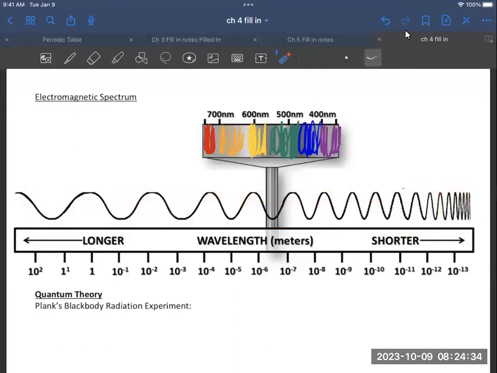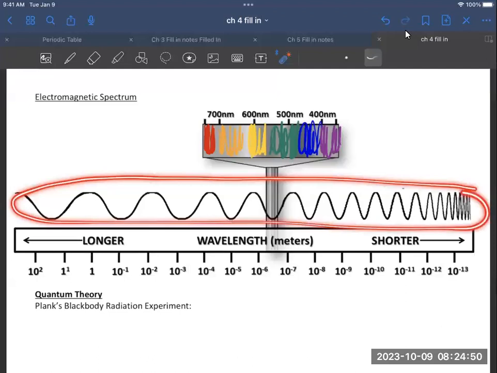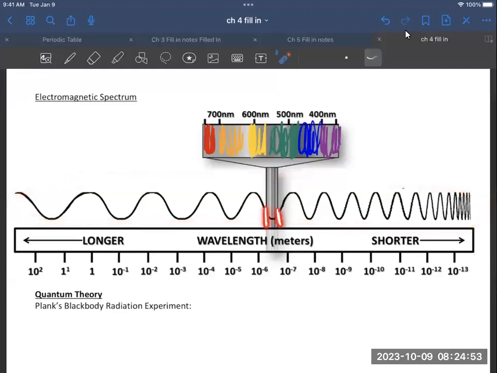I want you to notice also in this little spectrum, there's a tiny little sliver right here. In this tiny section, if we zoomed in, we would see the visible spectrum of light. In the entire spectrum of electromagnetic radiation, we can only see this tiny little sliver with our eyeballs. And it is on the Roy G. Biv spectrum.